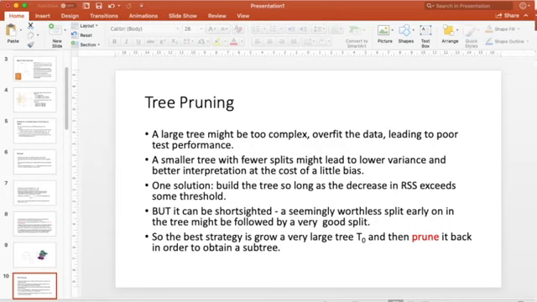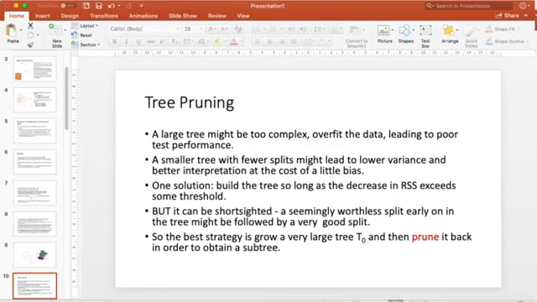Okay, so that is the analogy. If you build a model that is too complex, you try to capture everything in the data, then I'm afraid we're going to overfit the data, leading to poor test performance.